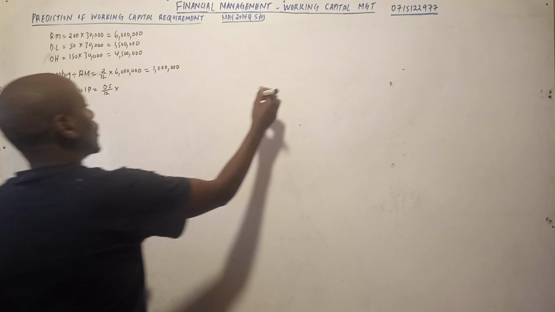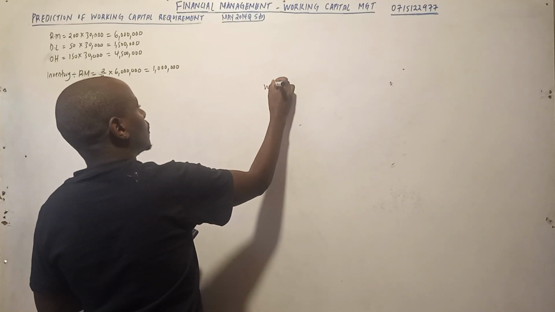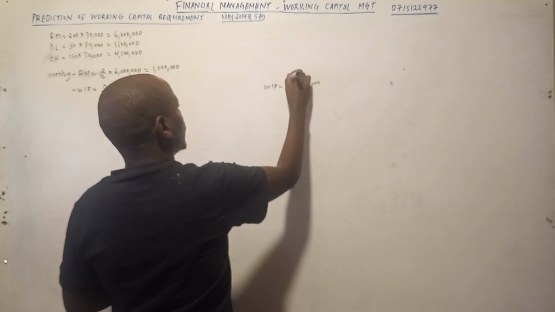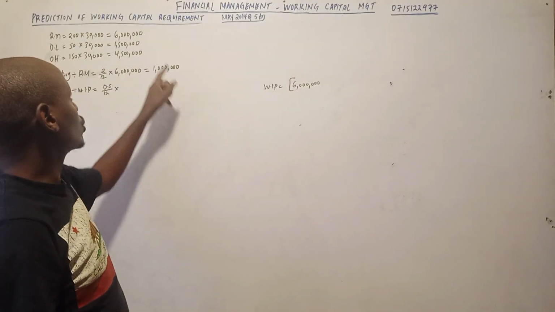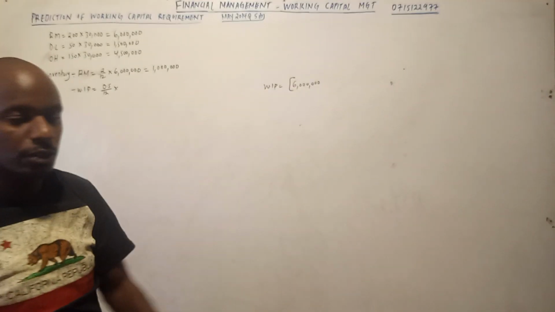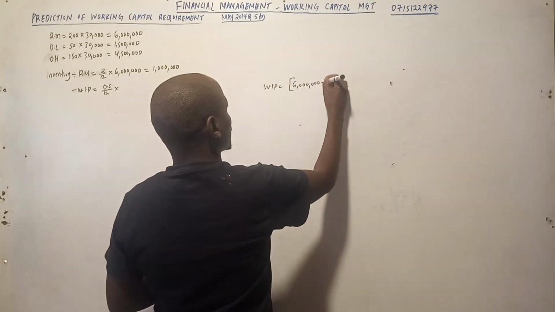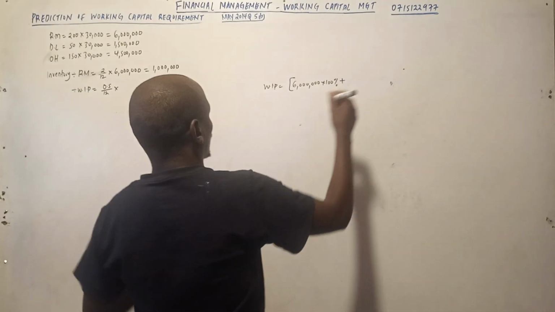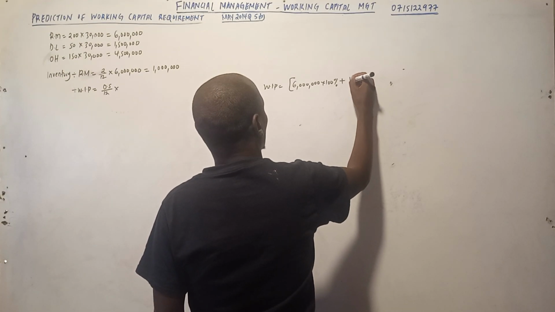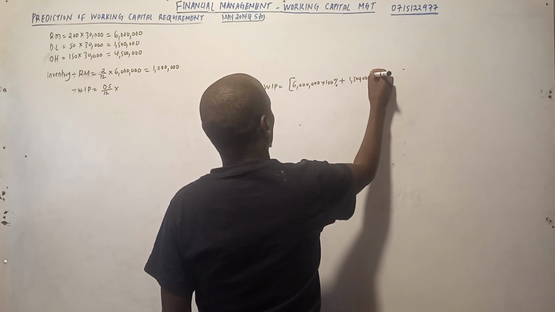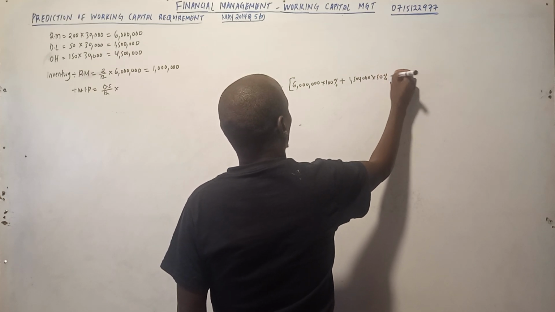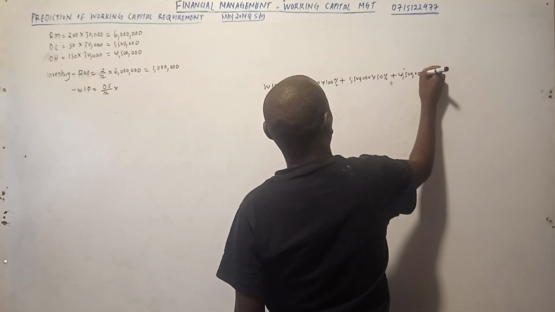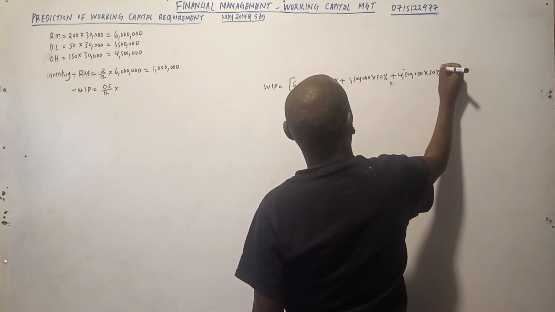Wametuambia that for work in progress, 100% is complete for material. So material 100% of 6 million remains 6 million. Plus the rest ni 50% complete. So tunasema 1,500,000 times 50% plus the other one is 4,500,000, for overhead also 50% complete.